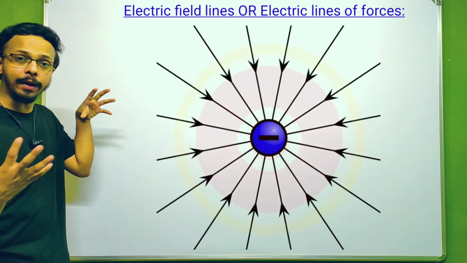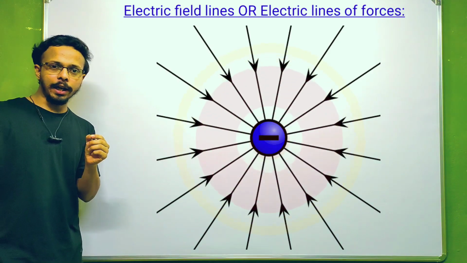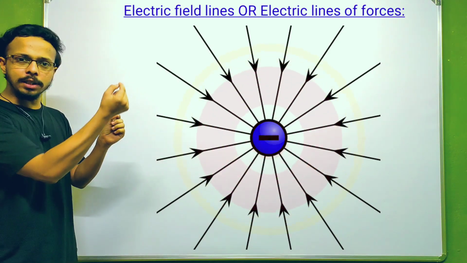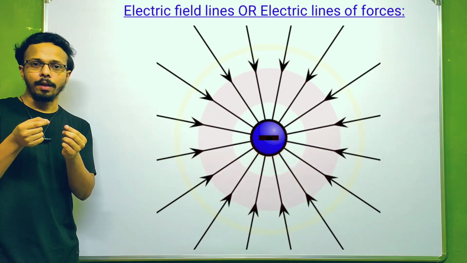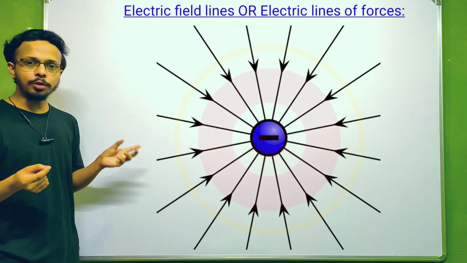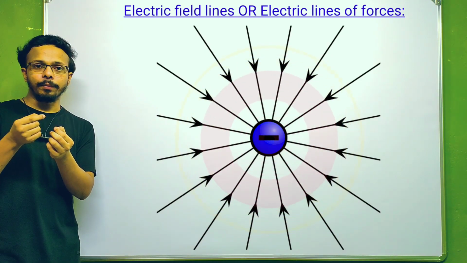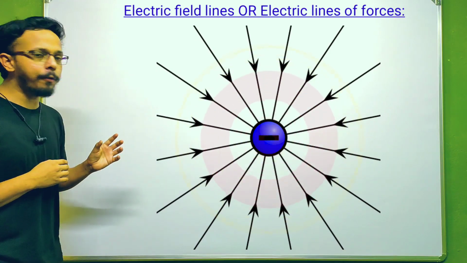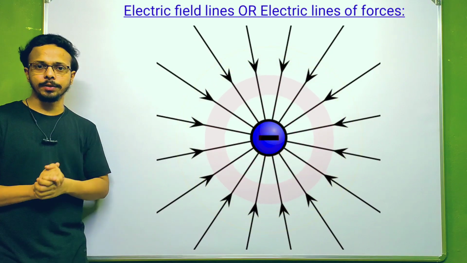Yes, it is radially inward. Why? Because if you bring a test charge near this negative charge, it attracts, it moves towards. As we know, a test charge is always positive and our source charge is negative. So if you bring it, it moves towards. Okay, so the electric field lines due to the negative charge are radially inwards.